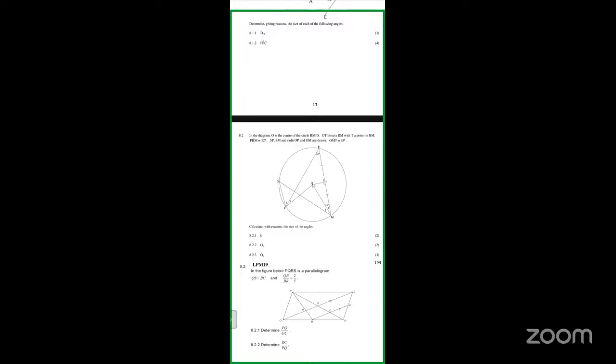And then the hint is that we are given, in fact, we are not given, but we know, according to theorem 1, that if there is this chord RM, OT bisects RM, then that bisector line is perpendicular to RM, meaning angle T1 is 90 degrees. That's a hint for you guys. What do you now think?